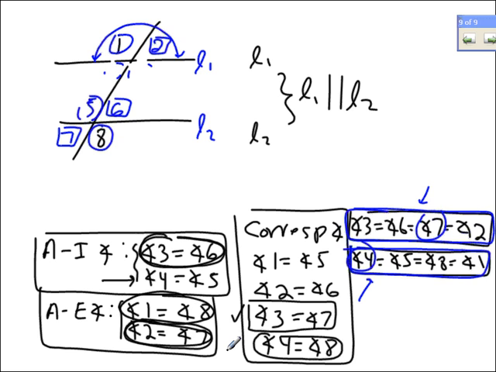From left to right, this is 3 and then 4. Okay, so angle 7 and angle 4.